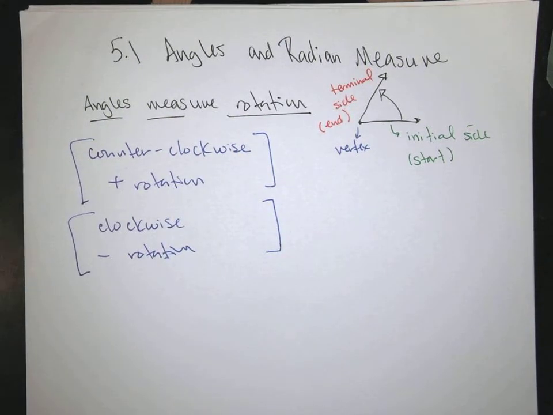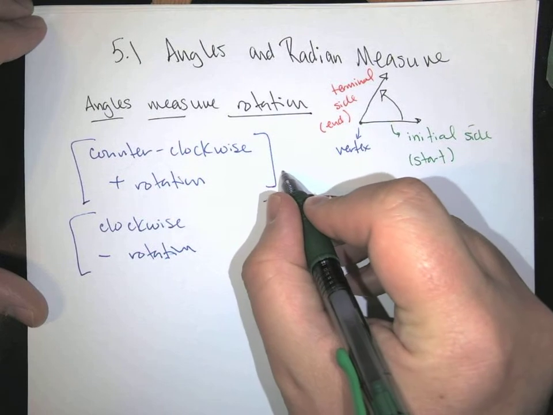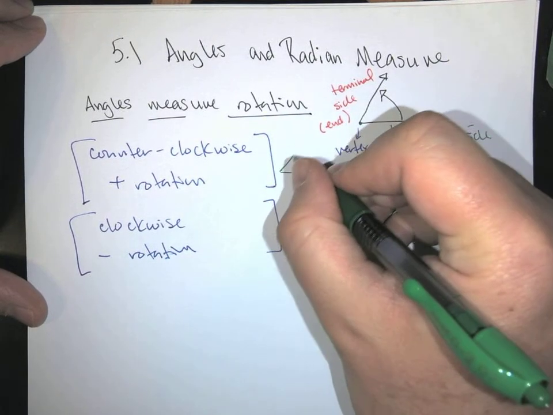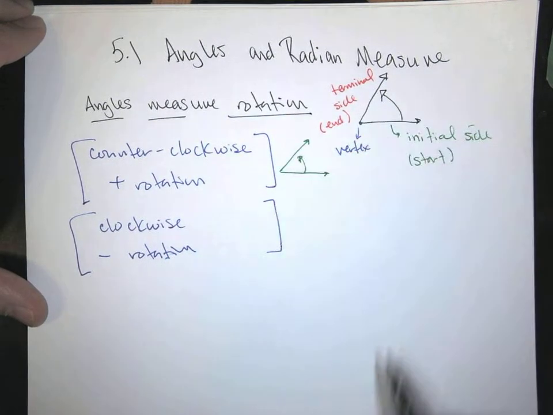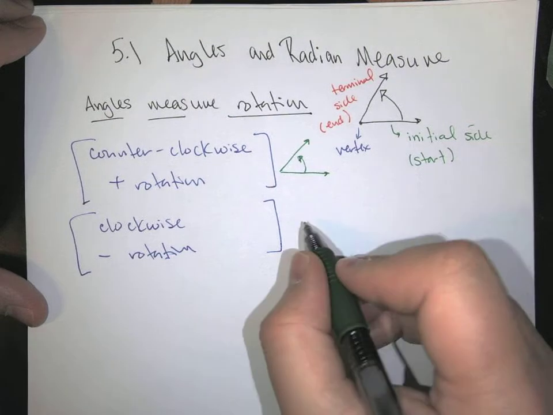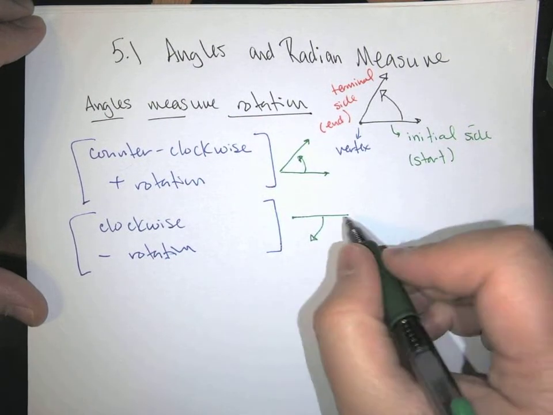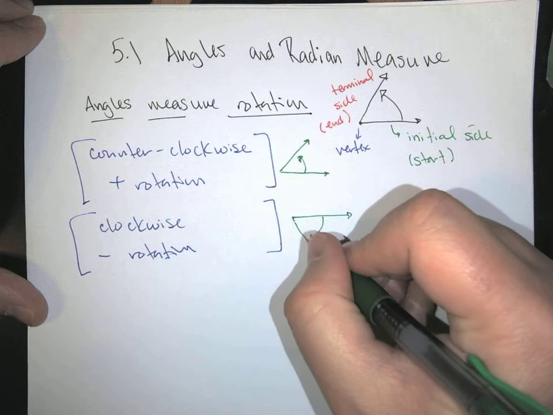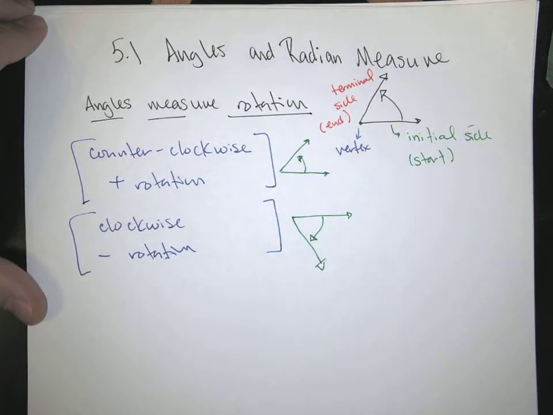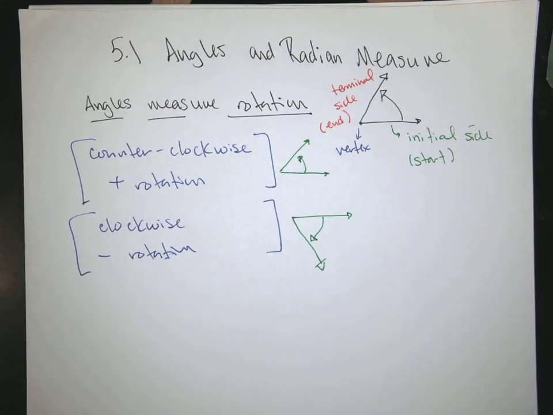So counterclockwise, like the angle we have here, sort of up and to the left. And so negative rotation would be rotating down and to the left. So we maybe get something that looks a little bit like this.